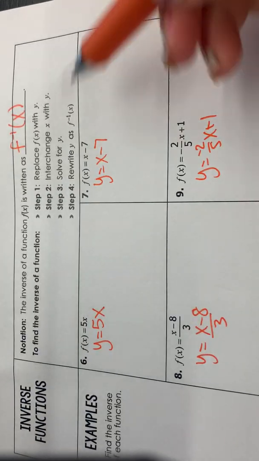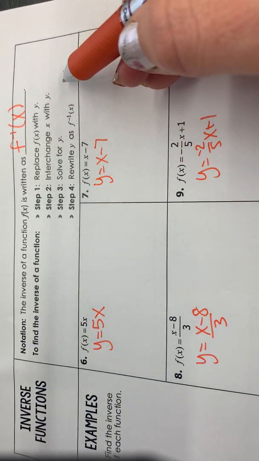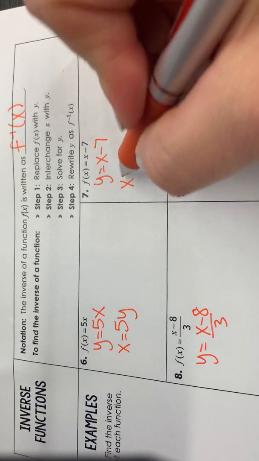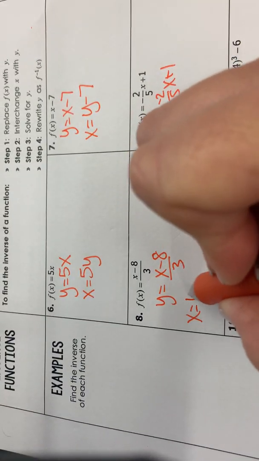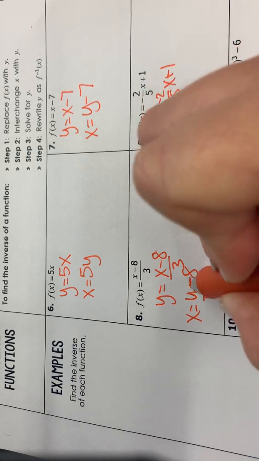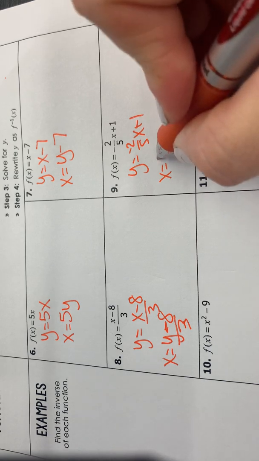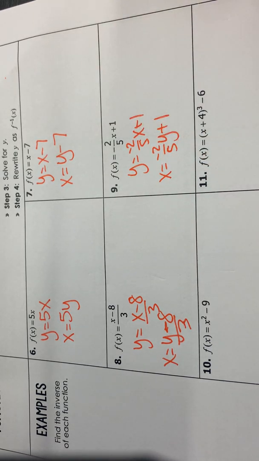Interchange x with y. So just switch x and y. So x equals 5y now. X equals y minus 7 now. X equals y minus 8 divided by 3 now. And I'm probably writing that way too large. That's what that means to interchange.